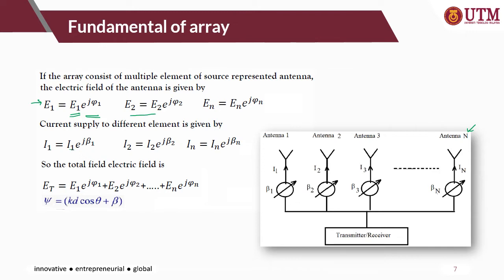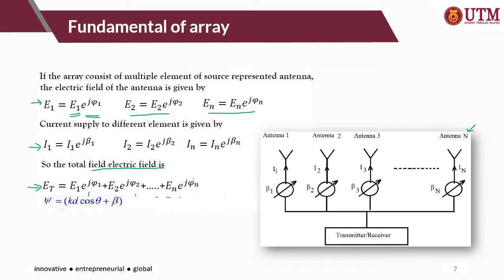And this goes from E2 up to En. The same goes for the current. So the total field for this array structure is given by the vector sum of individual elements in the array, E1 plus E2 up to En.